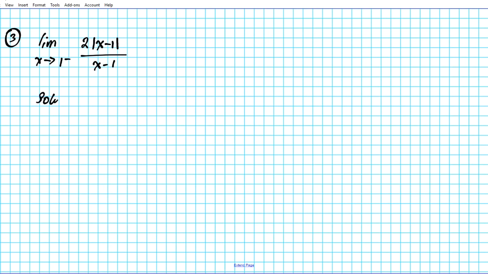Alright? So this is not a double-sided limit. This is a one-sided limit. So that's going to be a little bit easier to handle. So limit as x approaches 1 from the left of 2 times x minus 1 over x minus 1.